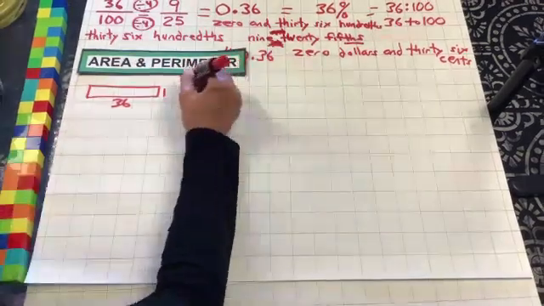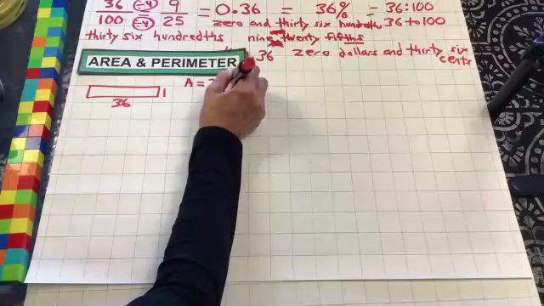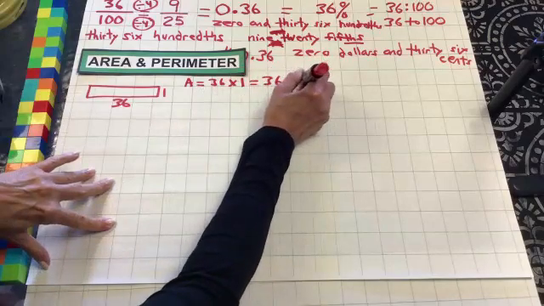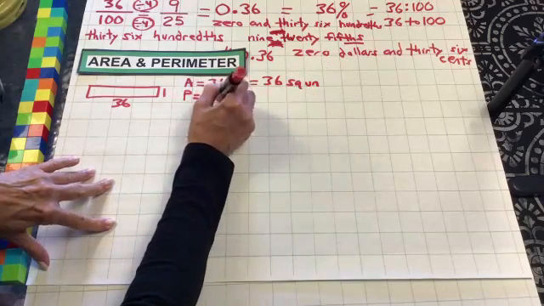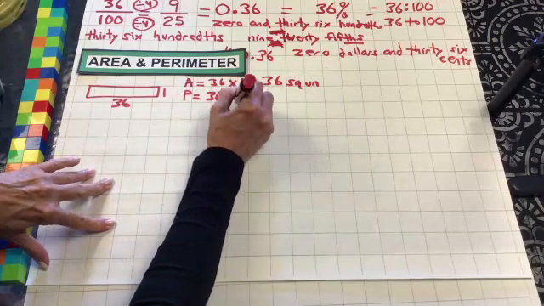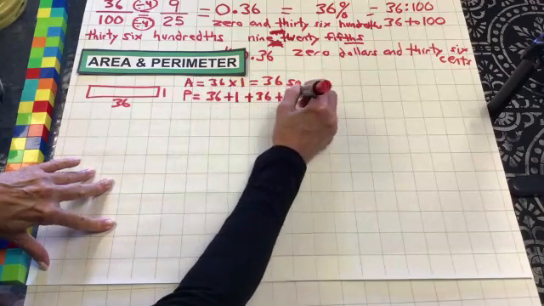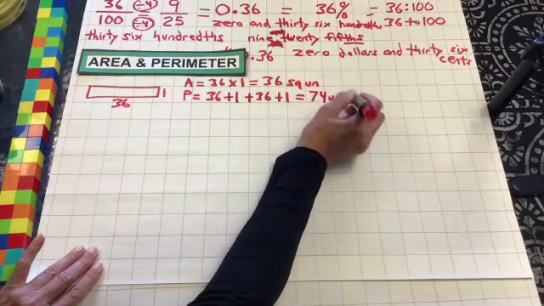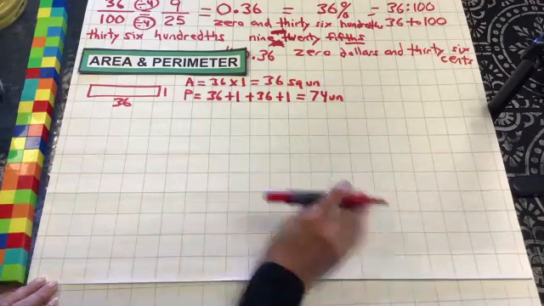So this would be area equals 36 times 1, which equals 36 square units. The perimeter would equal 36 plus 1 plus 36 plus 1, which equals 74 units. And hopefully you did all that math before you came to me today.